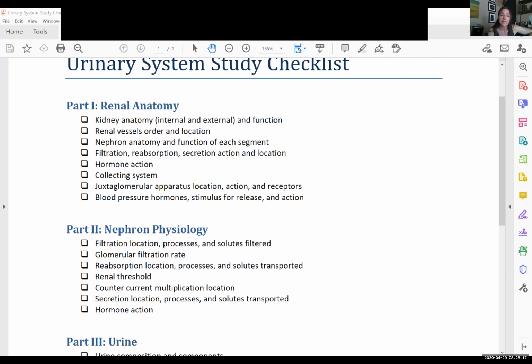Antidiuretic hormone, its stimulus has more to do with solute concentration and dehydration. It's not so much worried about blood volume, it's just worried about retaining water because you're dehydrated. And so when you retain water, it's preventing you from losing so much water.